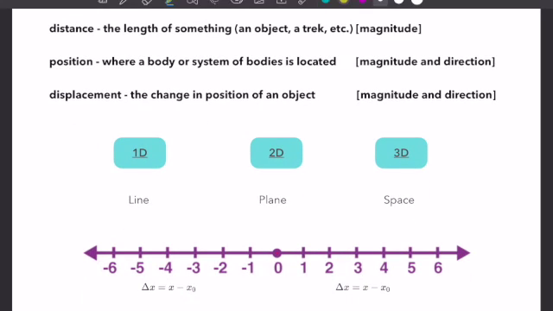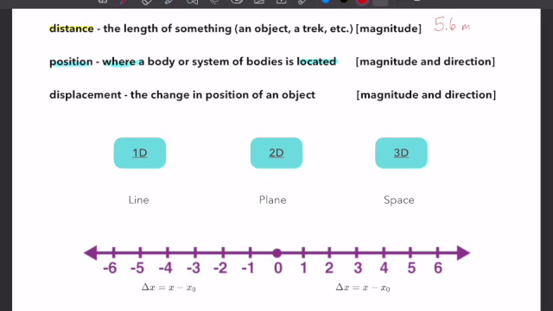So first, we've already in a previous installment defined distance as the length of something. It has magnitude, 5.6 meters. Position, however, has a different definition. Position is where a body is located. It is, in a word, the location of something.